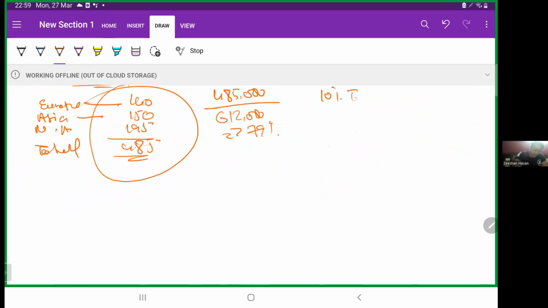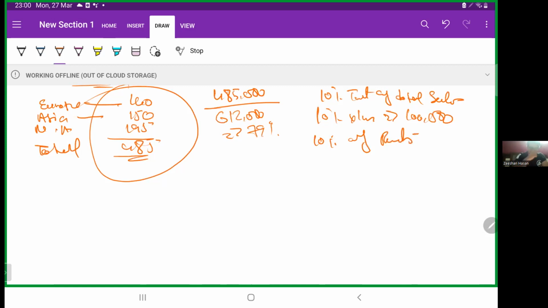Now, 10% test of total sales. 10% of 1 million is 100,000, right? So all segments whose total sales exceed 100,000 are reportable. Now 10% of results.